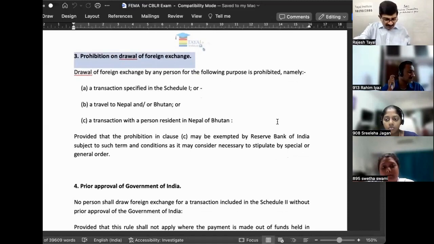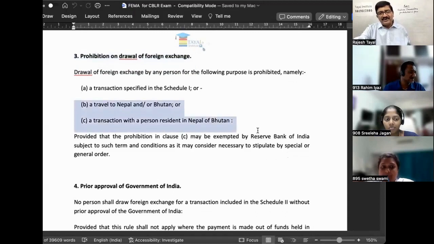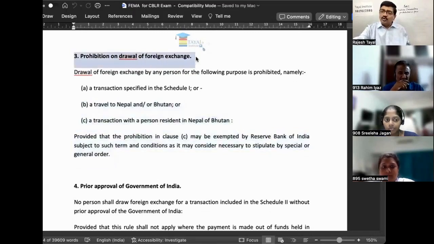Actually, when we talked about import export of currency to Nepal and Bhutan, you cannot carry foreign currency to Nepal and Bhutan. Similarly, there is no transaction with the people resident in Nepal and Bhutan in foreign currency. So effectively, what to do with the foreign currency? That's why here it is given that prohibition is on drawal of foreign exchange.